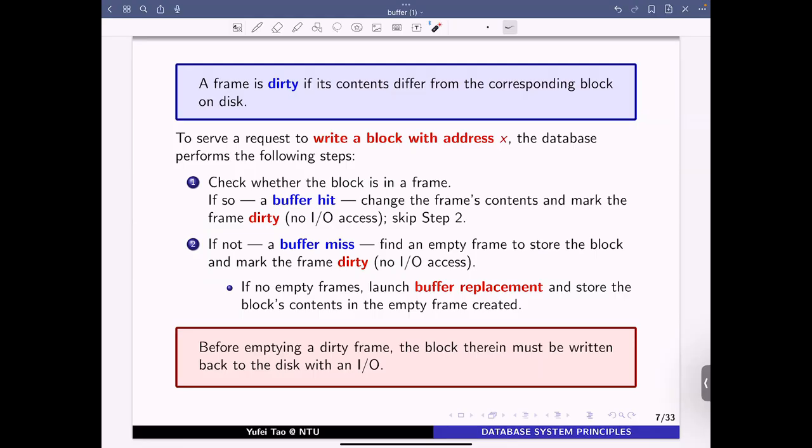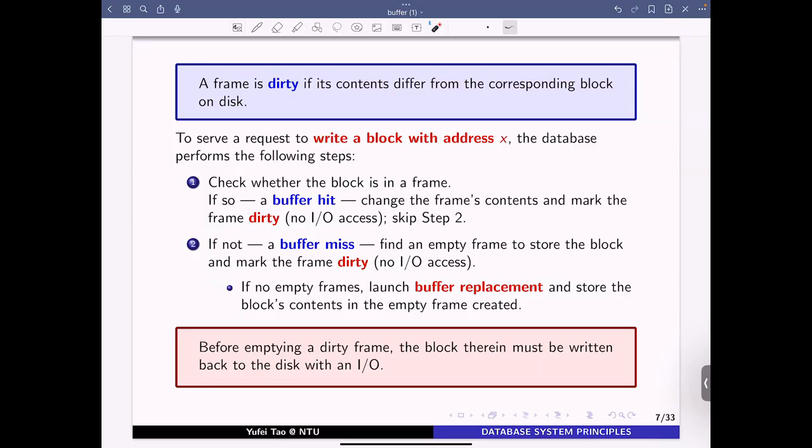So you could buffer the modification inside the main memory, inside the buffer pool, right? But then you have to remember that eventually those changes will have to go to the disk, right? So this means that some bookmarking must be done regarding the blocks that have their contents changed.